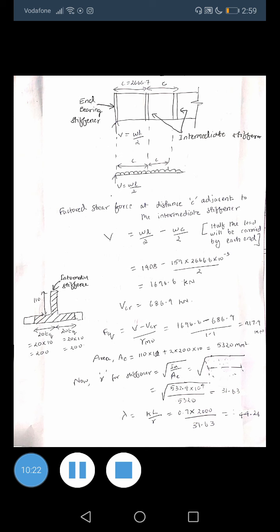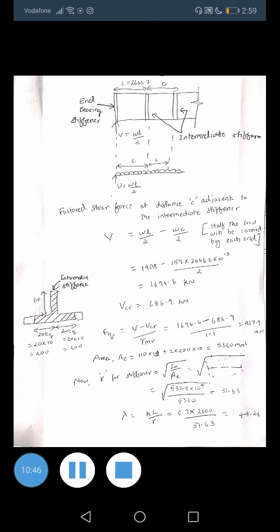Now area equals 110 into 12, that is the cross sectional area of the intermediate stiffener, plus 2 into 200 into 10. 200 is the total length along the direction of the web, so 2 into 200 on both sides. That's why 2 into 10, where 10 is the thickness. So that is the total area.